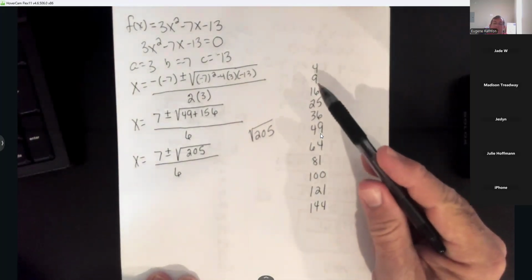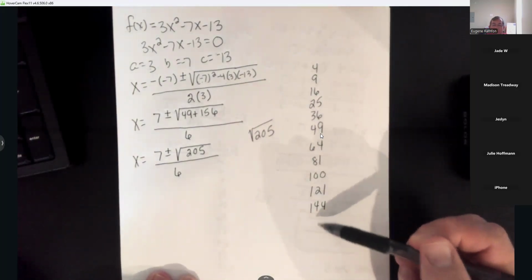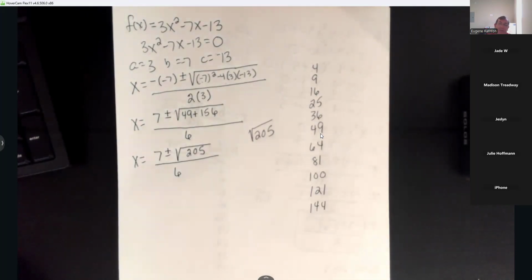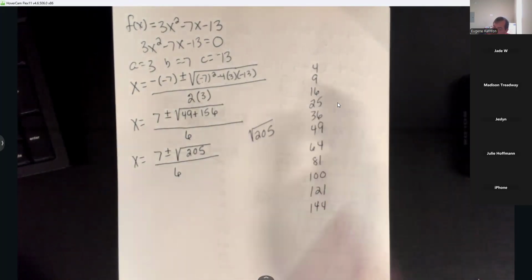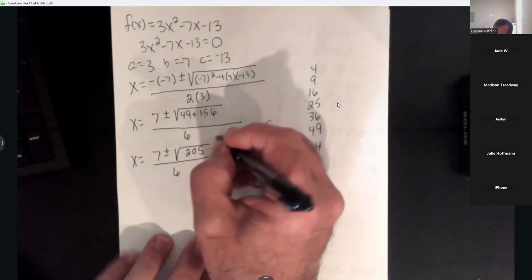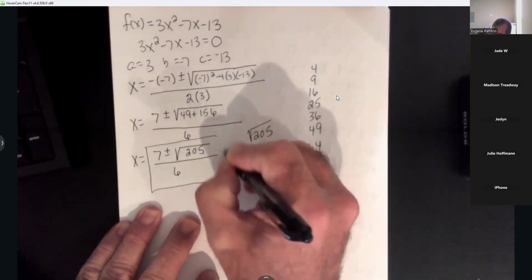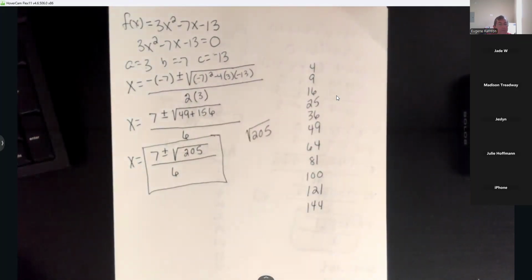So I would see if it would divide by any of these numbers, y'all, but I don't think that's going to divide by those. So since it does not divide by any of those numbers, that would be our final answer.